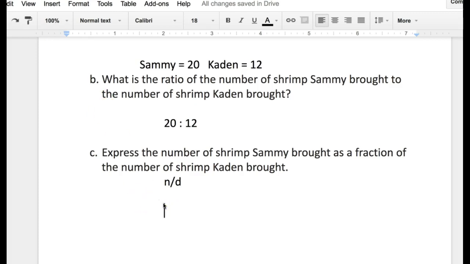Very nice. Now, the numerator would be the first number, and so that would be 20. And here's our fraction bar, and our denominator is 12. So if I wanted to show you that in written form the way we're used to seeing it, it would look like this. 20 over 12.